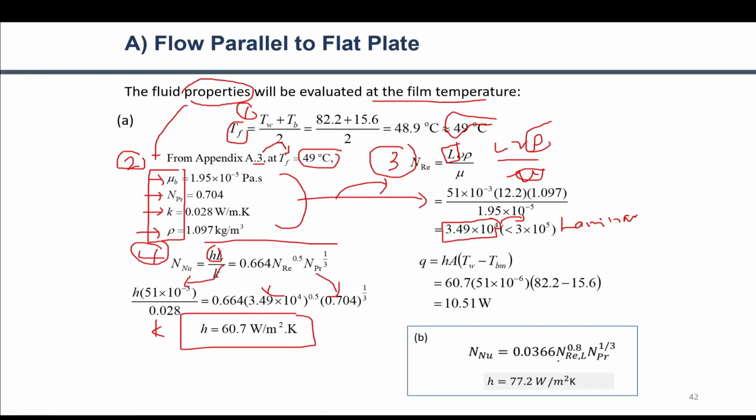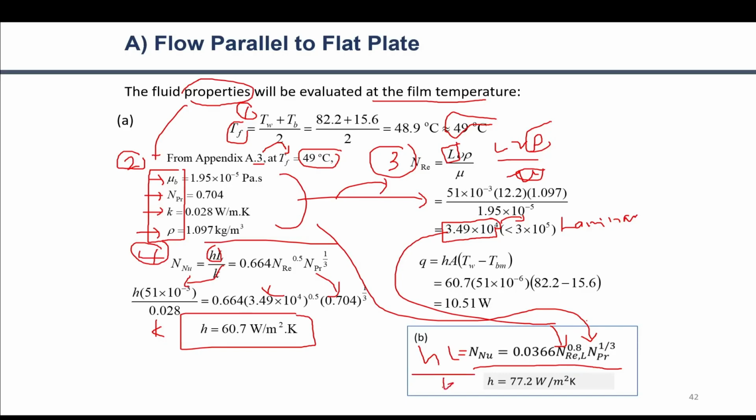This is the correlation; you calculate the Reynolds number, and then the Prandtl number from here. We know that the Nusselt number is equal to hL over k, and then we can solve for h. So h is 77.2 watts per meter square per Kelvin.